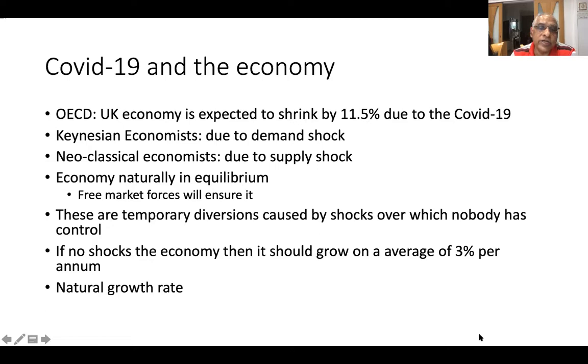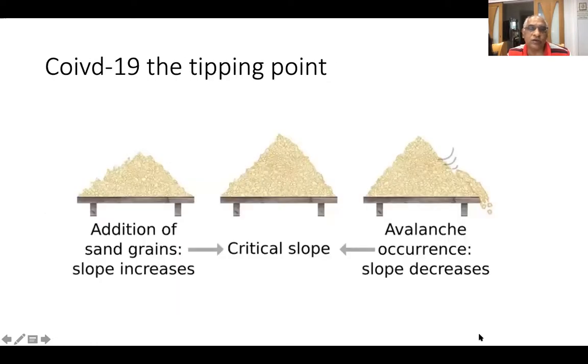What does that equilibrium mean? The economy has a tendency to be in a stable state of achieving a growth rate of something like 2 to 3% per annum, which they call the natural growth rate. Otherwise, these shocks only divert the economy temporarily from this. If left on its own, the economy will achieve this 3% growth rate.